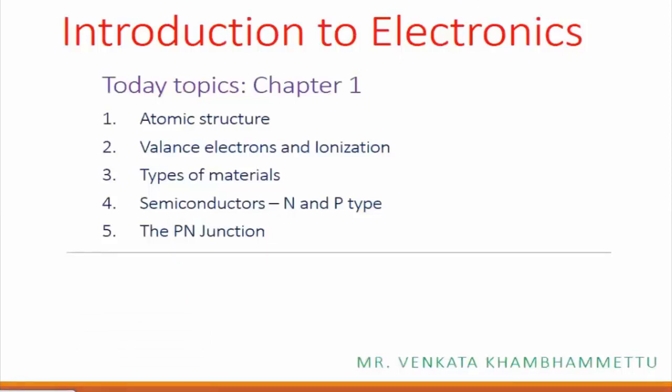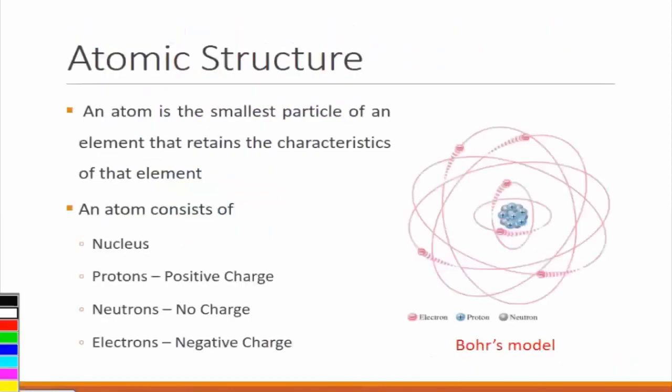It's the heart of diodes, it's the heart of transistors. That means entire electronics will be relying on the p-n junction, where p-type semiconductor and n-type semiconductor are placed together to form a junction.